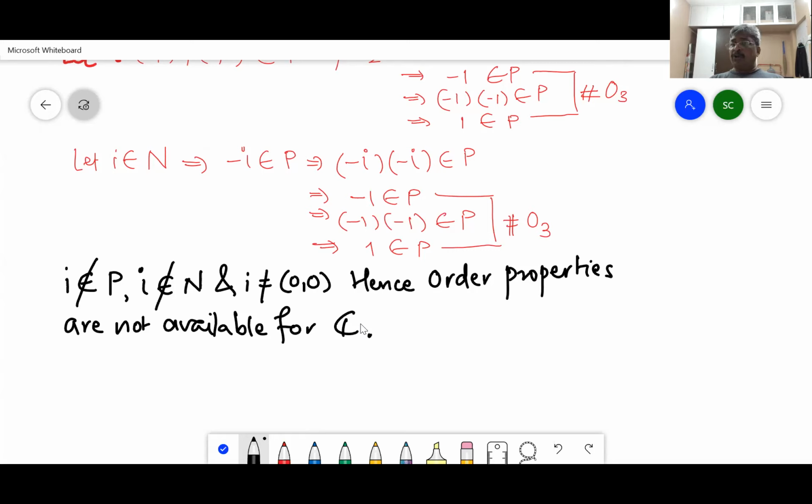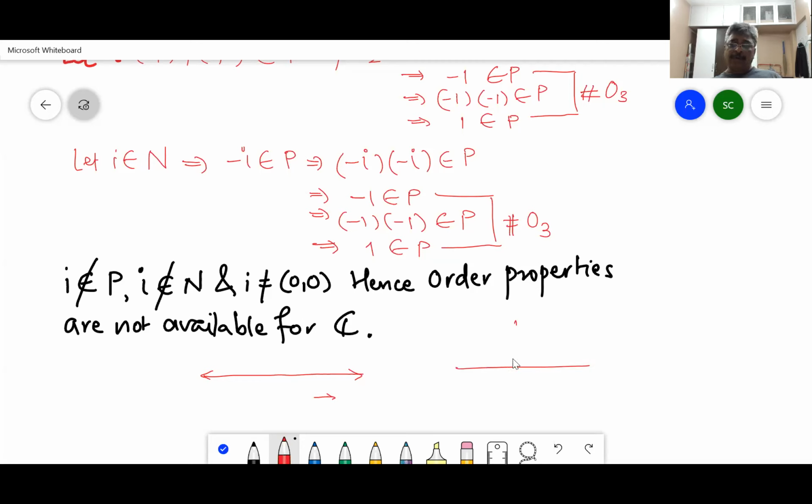And it is actually obvious to lose ordering properties, because if you look at it geometrically, real numbers were on the real number line. The one towards the positive side, towards the right side, is bigger than the one to the left side, because there was only one direction to compare, either to the left or to the right.